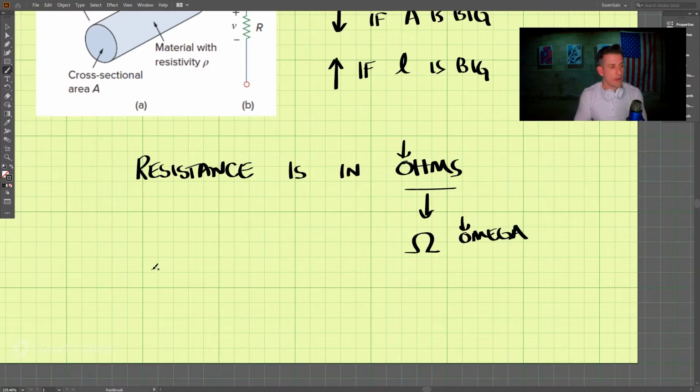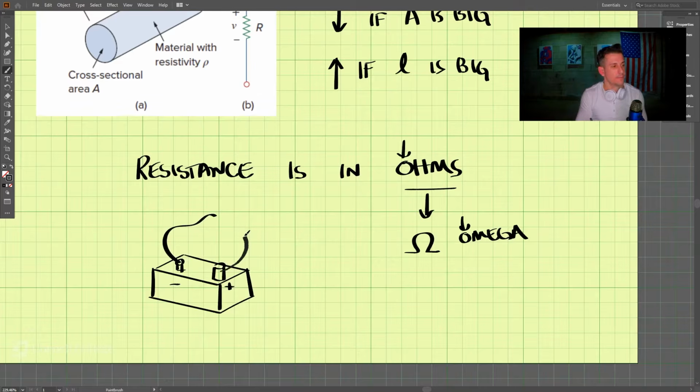So if we talk about a battery, so this is a battery, and we have positive, negative, and we connect wires to here, and there's a gap in between here, R is equal to infinity.